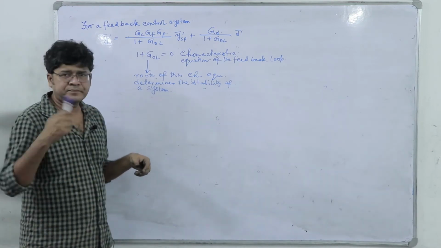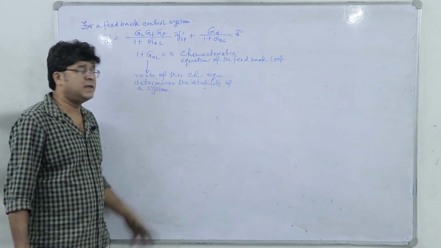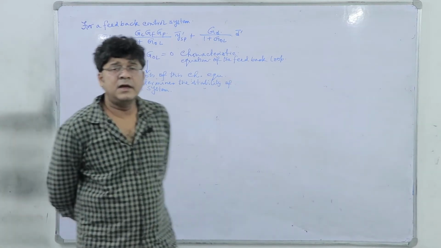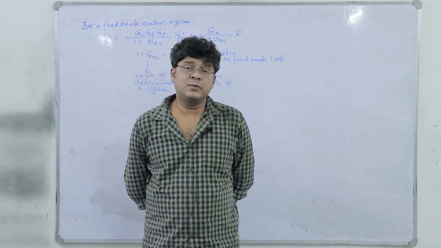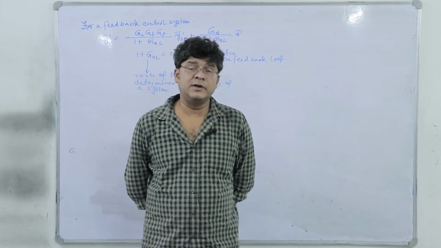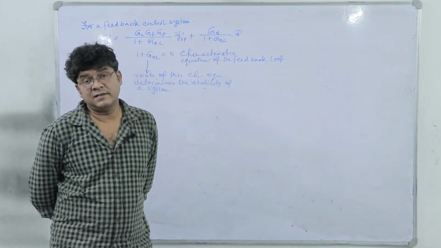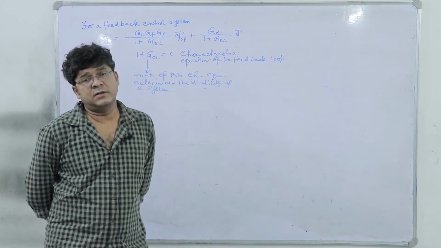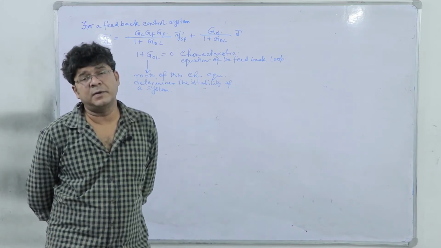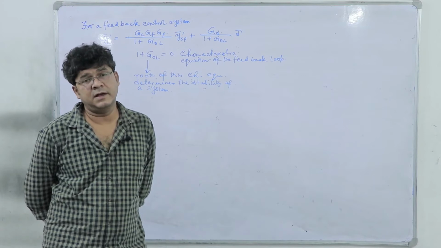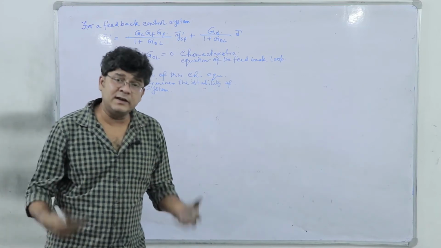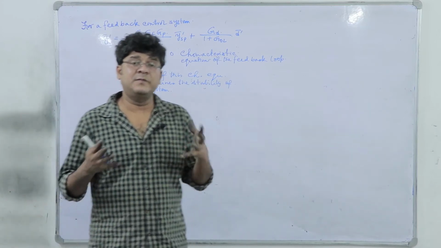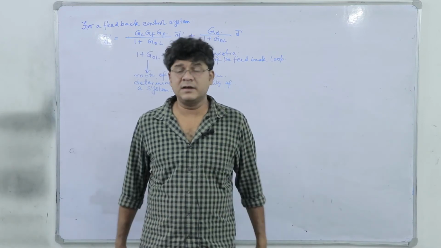Previously, I stated the example, and there the characteristic equation appearing in the denominator is a cubic equation, and it's not easy to solve a cubic equation. It may be a polynomial with order greater than 3, right? Then we have to go by numerical techniques, and if a complex root appears, then it is further complicated.